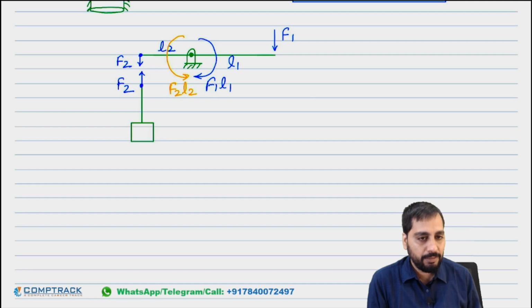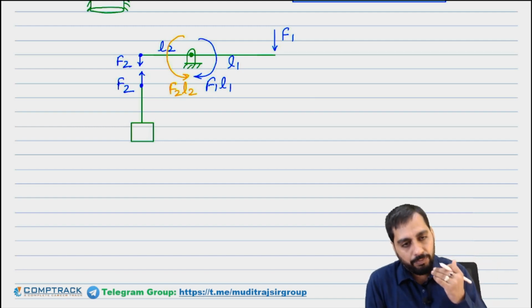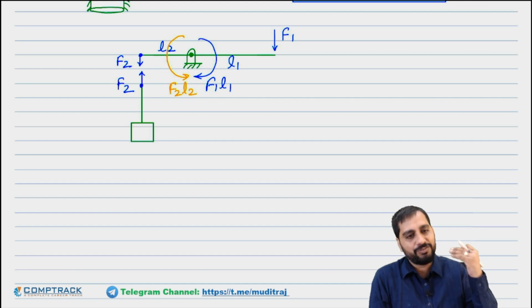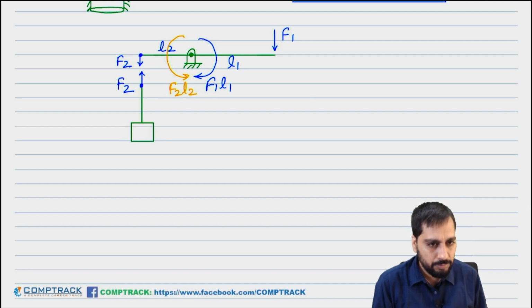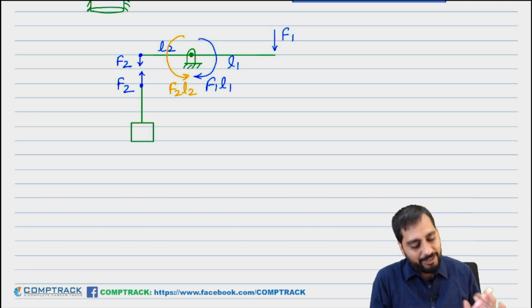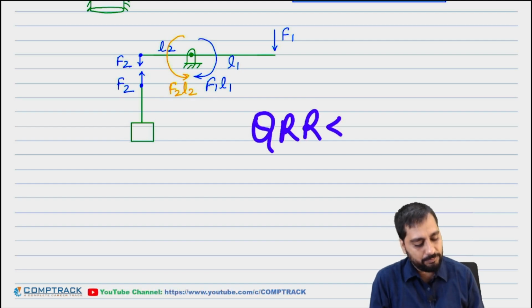What does the name quick return ratio tell you? Quick return means it will return back fast. The forward stroke will be slow, but the return stroke will be fast. Generally, quick return ratio means it should be taken as less than 1.